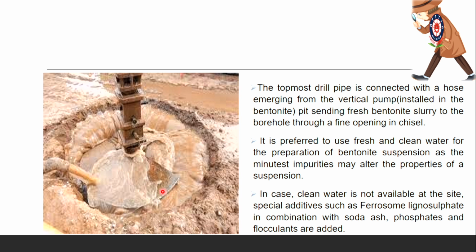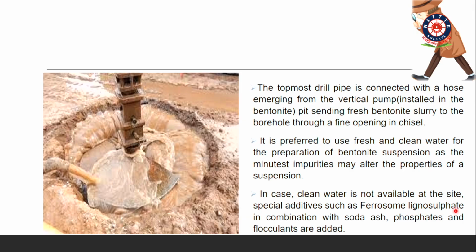In case you are not able to get fresh water at the site, then what is the alternative? You have to use some special additive like ferrochrome lignosulfonate in combination with soda ash, phosphates and flocculent.